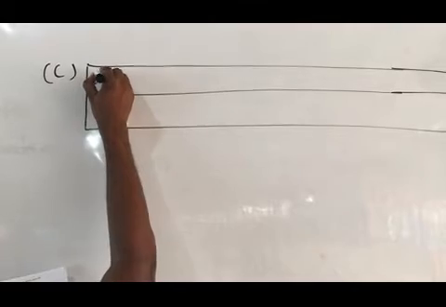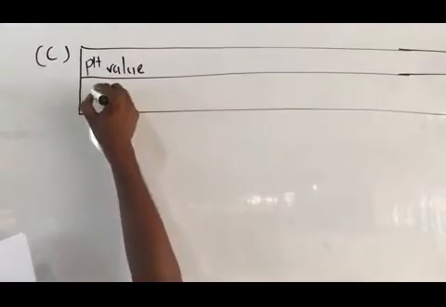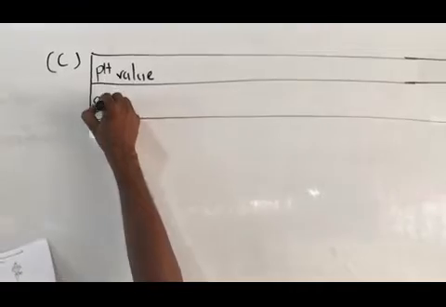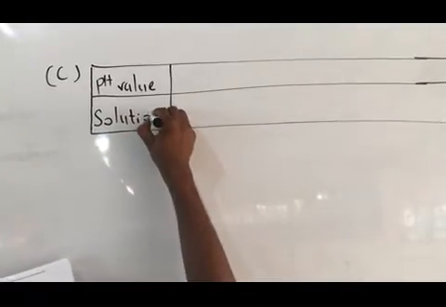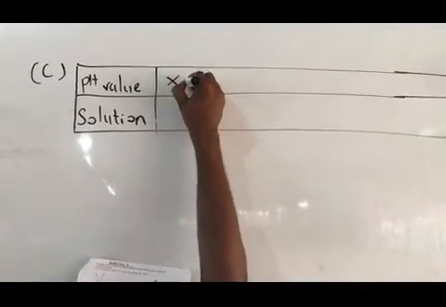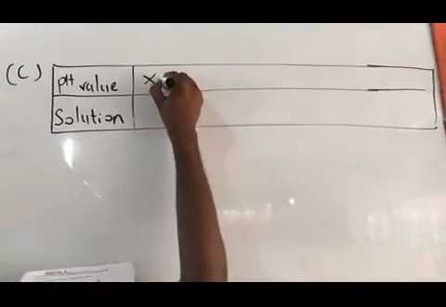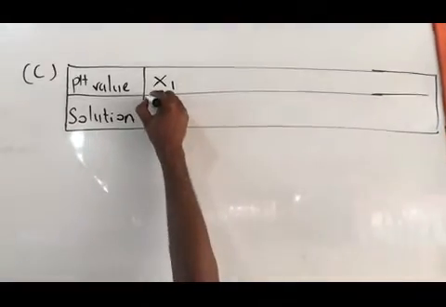You have pH value, and then you have solution. So for X1, say X1 is dilute nitric acid.